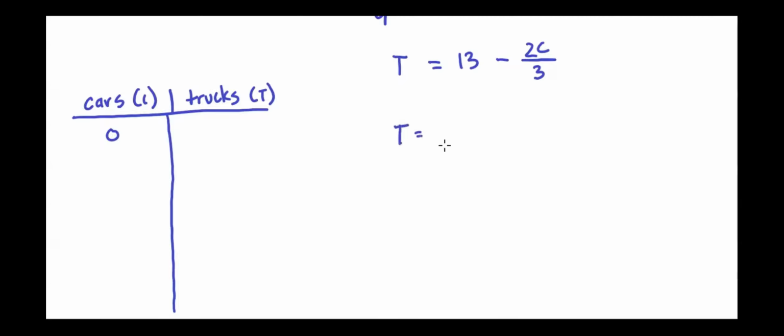So T equals... Actually, let me write it in the table to keep it organized. Where's my undo button? There we go. So T equals 13 minus 2 times 0 over 3. I'm going to grab my calculator and see what I get.